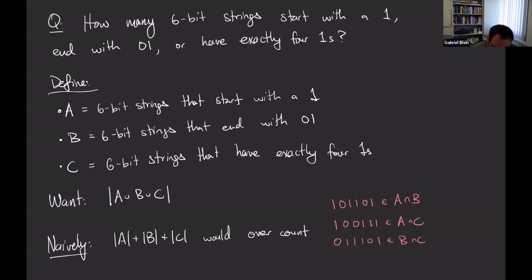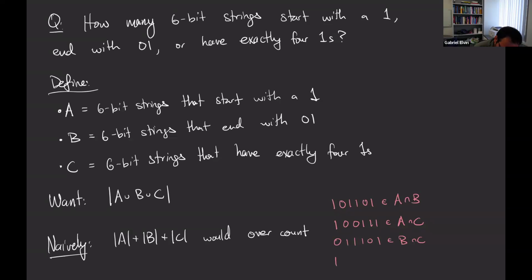So this has exactly 4 ones, so it's in C. It also ends with a 0, 1, so it's in B, so it's in both. That would get overcounted. A lot of things would be getting overcounted. Our count seems to be getting worse and worse now that we have 3 sets. Another thing that could get overcounted is something that's in all 3 of the sets.